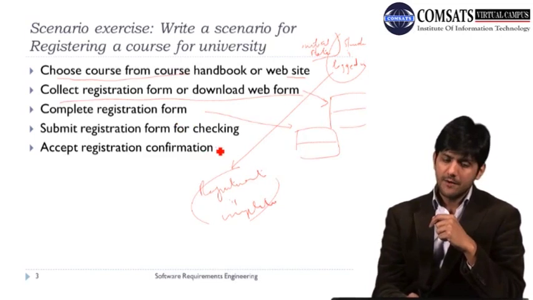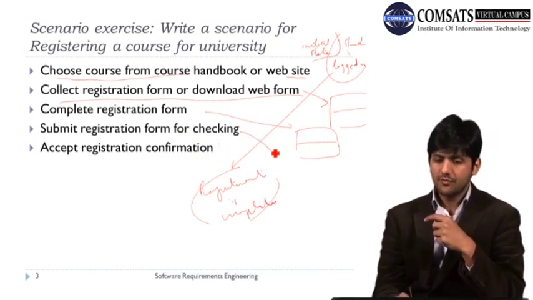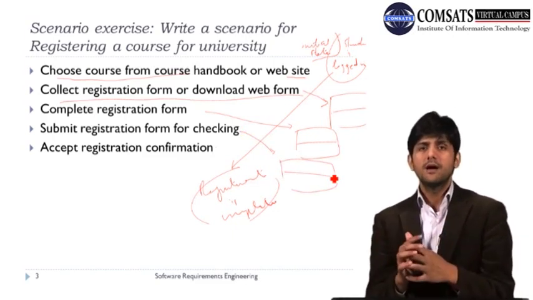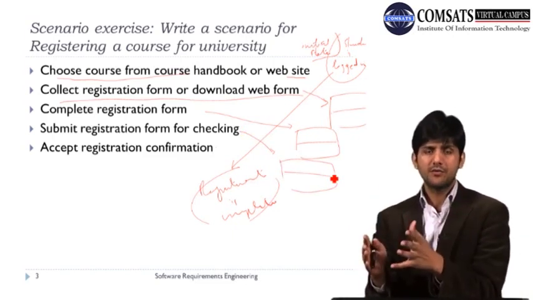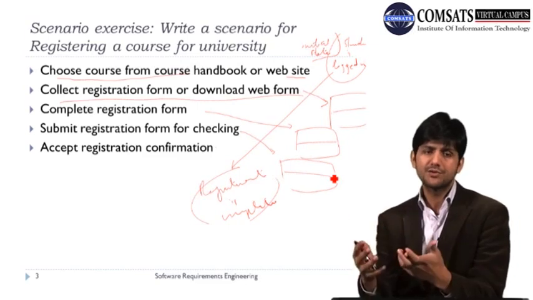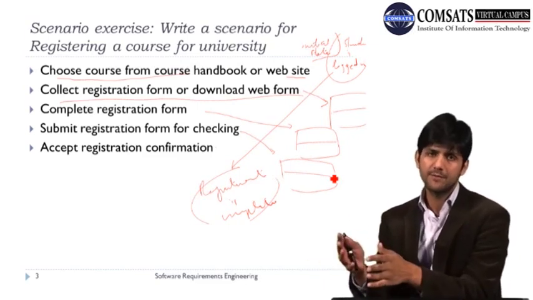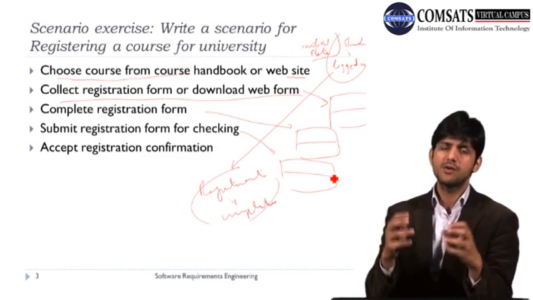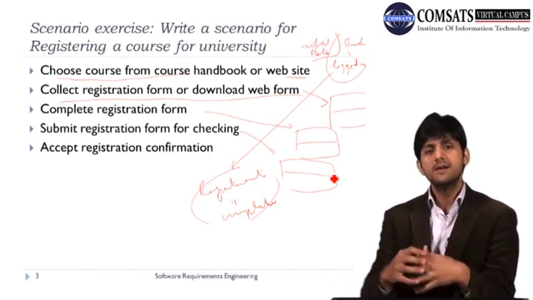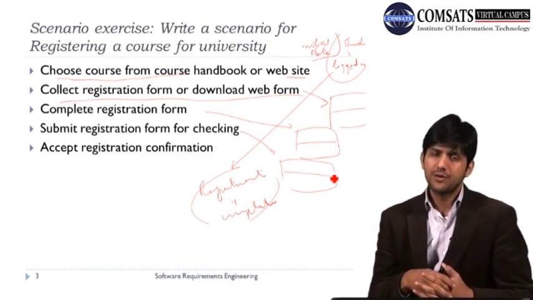And similarly, when he submits this form for checking, there may be some inconsistencies. For example, he selected a course and there are certain prerequisites for that course, and he has not actually passed those courses to register a new course. So there would be an error shown that, okay, you need to reselect your courses that you want to register.